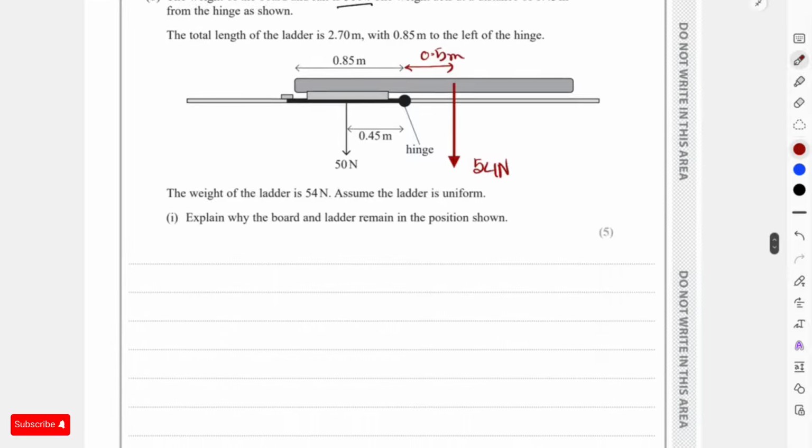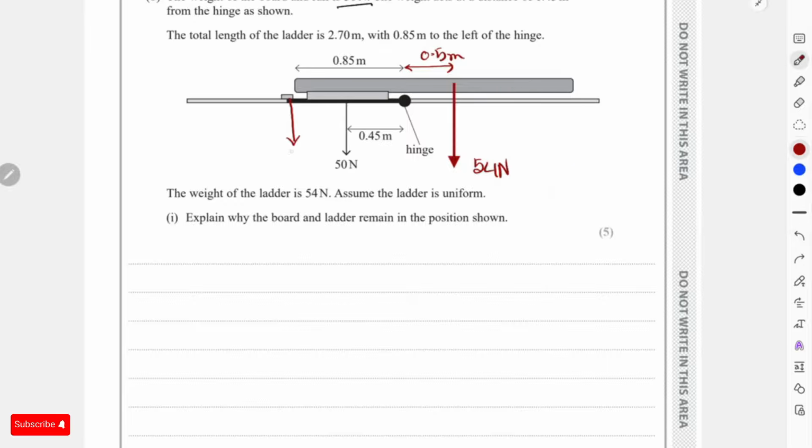Now, in this case, you have another force acting. This board also provides a downward force over here. Because of this downward force, what exactly happens? If you calculate the clockwise moment and the anti-clockwise moment, you'd see that the clockwise moment was greater. So in that case, this ladder might topple over like this, but it's not occurring.